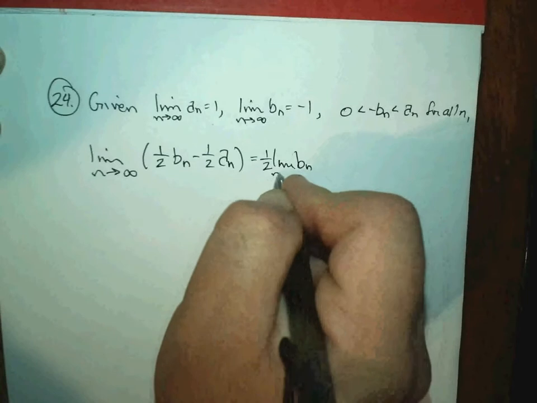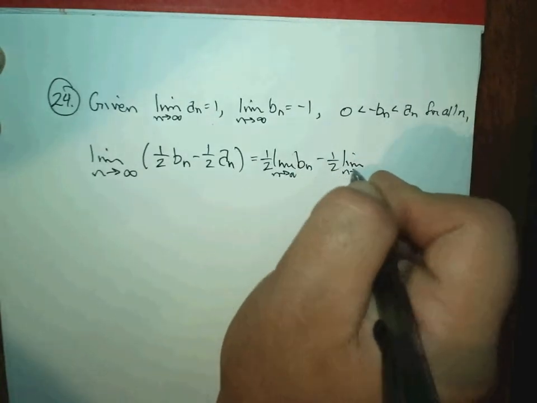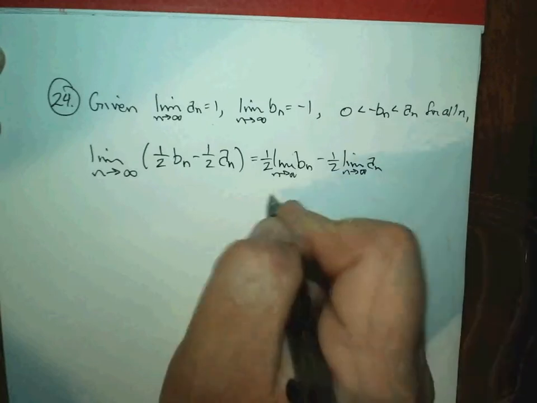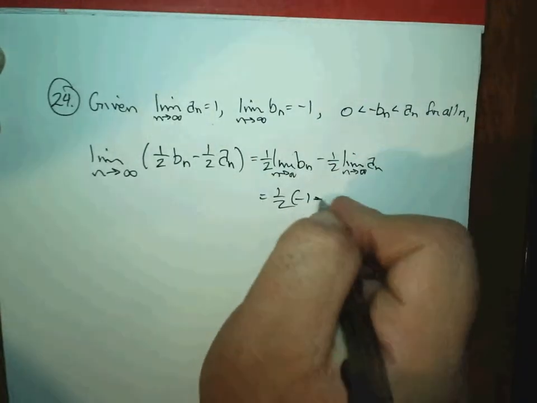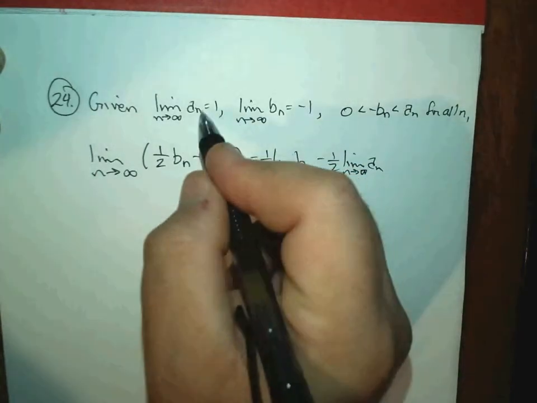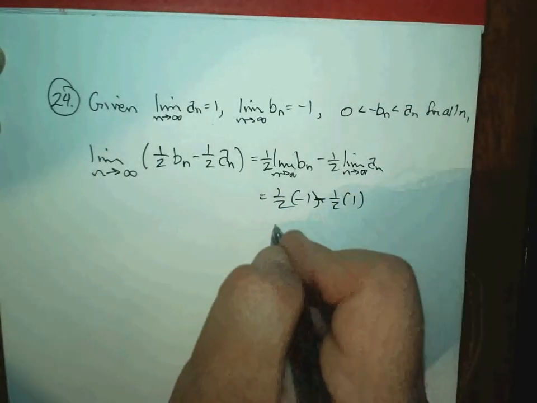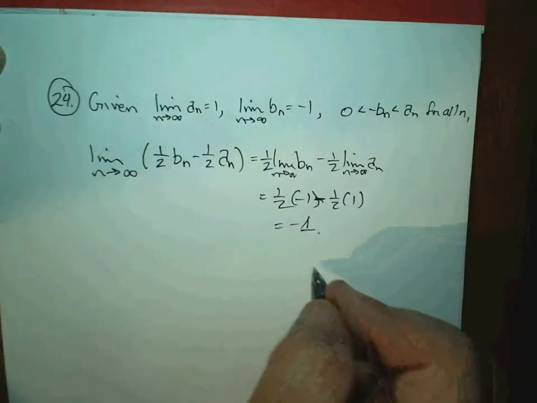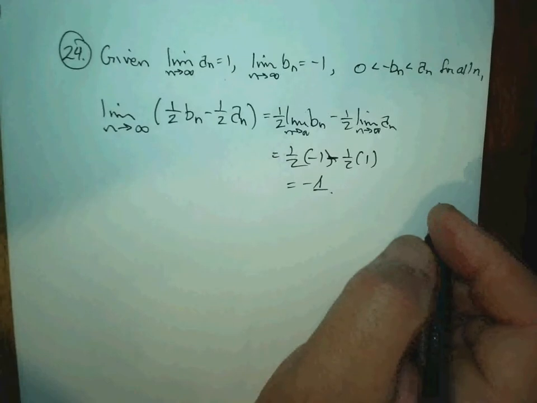So that's 1/2 times the limit of B sub n minus 1/2 the limit of A sub n. The limit of B sub n is negative 1. The limit of A sub n is 1. And so you get negative a half minus a half, or negative 1 is your answer.